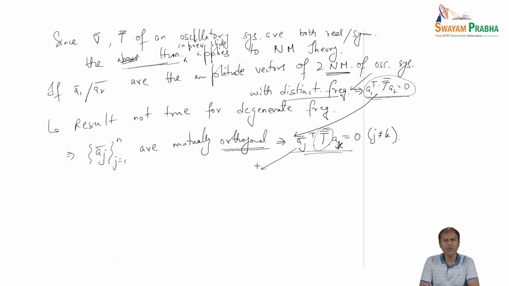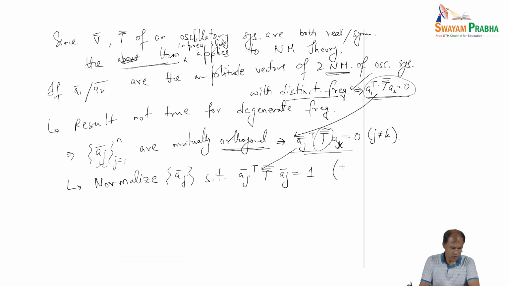And now if we were to change it to an orthonormal setup, then we have the following. We normalize our eigenvectors Aj such that Aj transpose T Aj is going to be 1, for j from 1 to n.